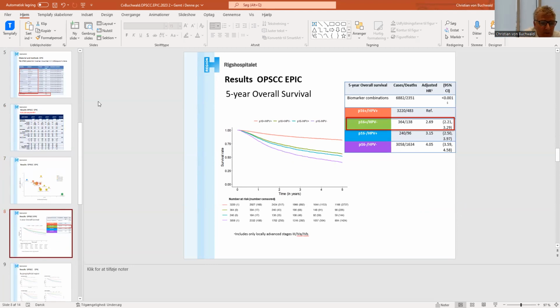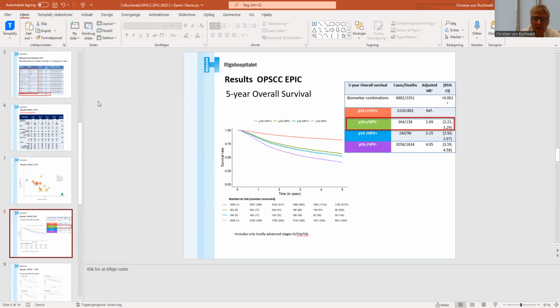Then we look at the 5-year overall survival among these almost 8,000 patients with oropharyngeal cancers. And what you see is a very characteristic image: when the patient is double positive for P16 and HPV, the outcome is significantly better than when the patient is double negative or has discordance with P16 and HPV.